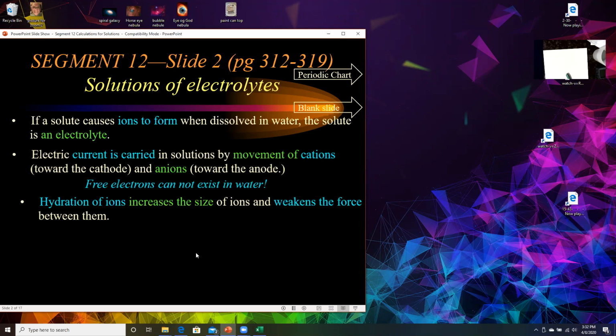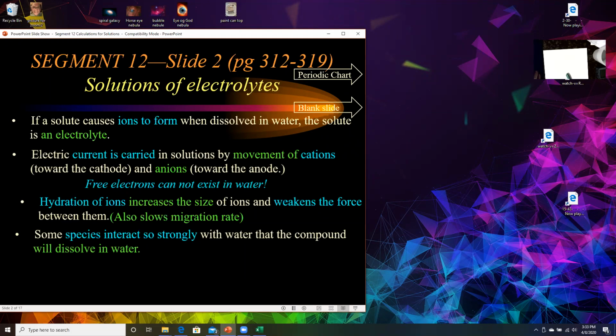If you think about an ion moving in water, it's going to have to push out the rest of the water molecules as it's making its way over toward the electrode. And the bigger it is, the more molecules it has to push aside. And so it weakens the force holding them down, but it also slows the rate of migration and decreases the amount of current that ion is carrying across the solution.